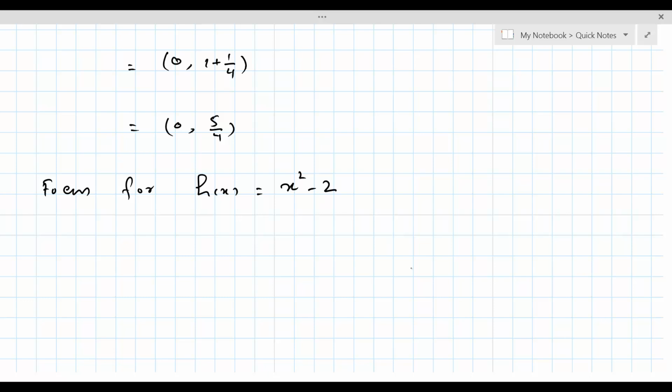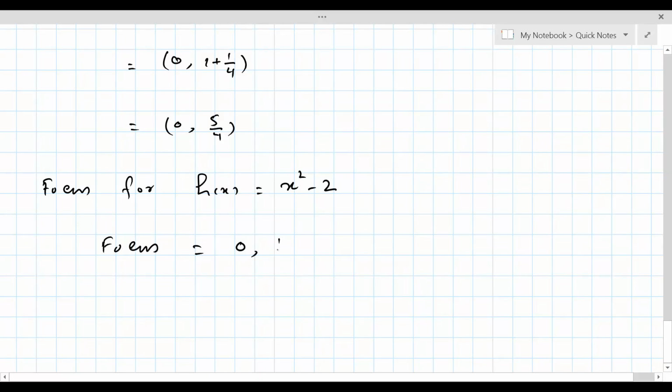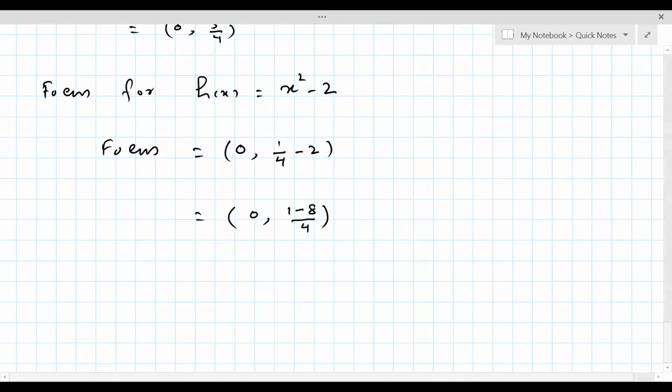So focus is equal to 0, 1 by 4 minus 2 units. So this will be equal to 0, 1 minus 8 divided by 4. So this means minus 7 by 4. So this is equal to 0, minus 7 by 4.